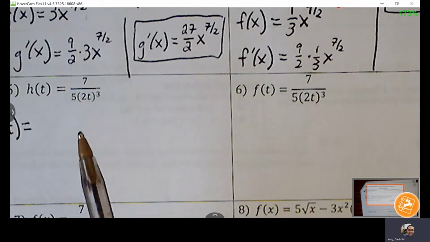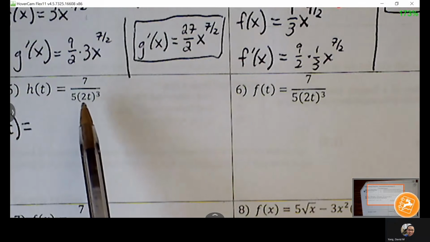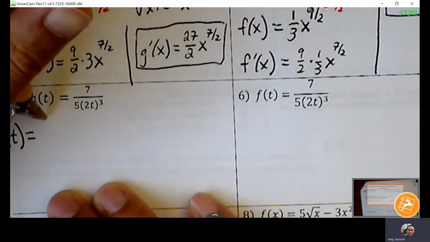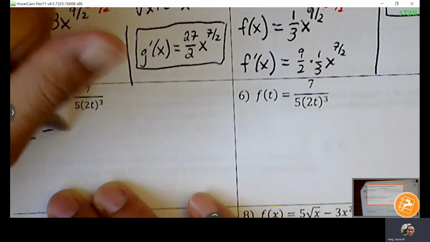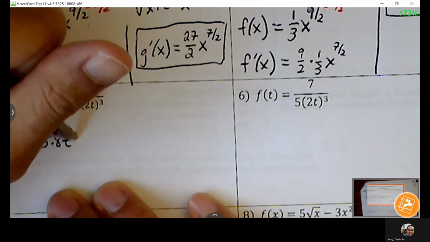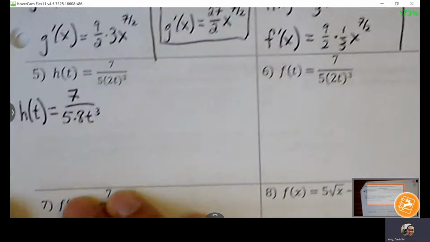So what would that be? 4t to the 3rd. Okay, let's do that. That at least gets rid of our parentheses. Okay, that's a good first step.